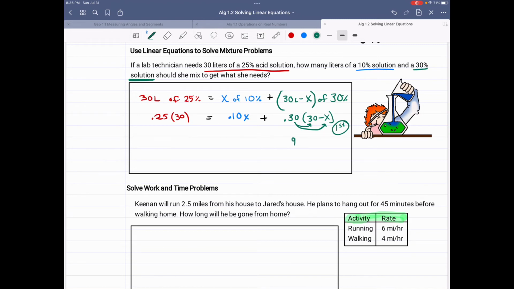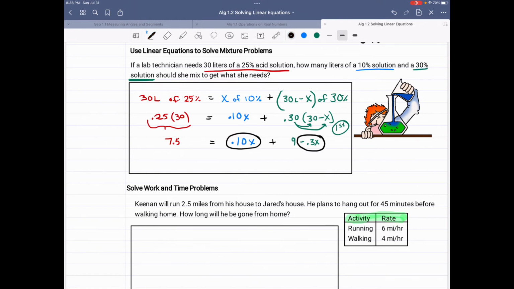And then 0.3 times x is going to be 0.3x. And then we'll just bring down the 0.10x. And I can go ahead and multiply this here in this step as well, because it's on the other side of the equation. So a quarter of 30 is 7.5. And you can just use your calculator if you'd like.